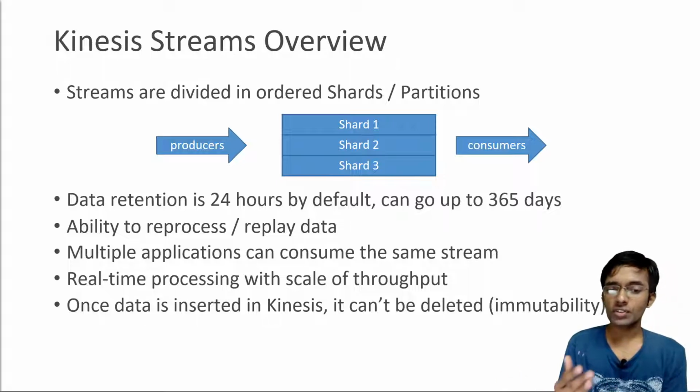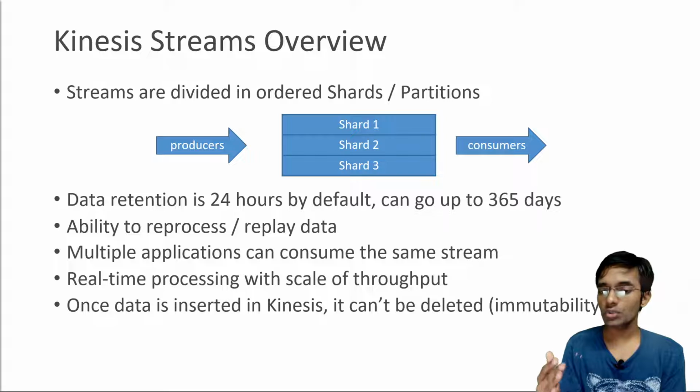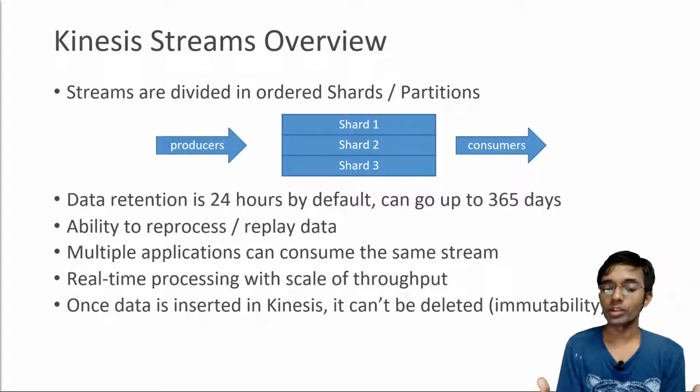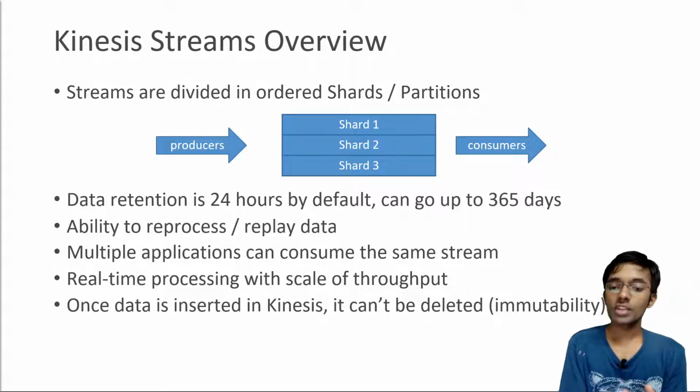Now at the stream level, the data retention is 24 hours by default, but you can go up to even 365 days, which gives you some data storage that allows you to have replay capability. Because data is stored in Kinesis, it is never removed from there, except when it expires. You have the ability to reprocess or replay data for the last 24 hours by default, or the last 7 days if it's set so.